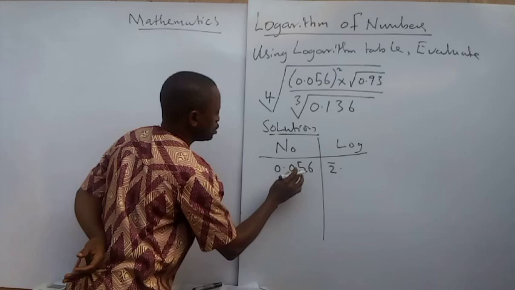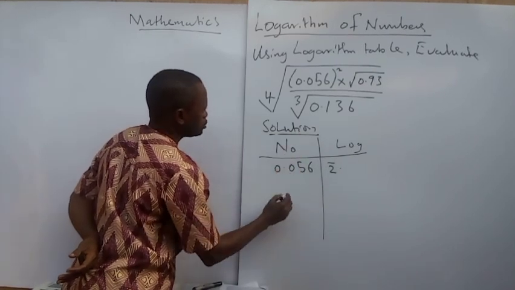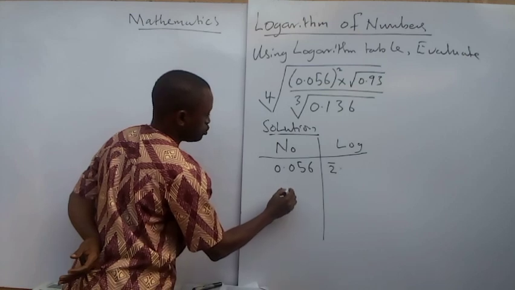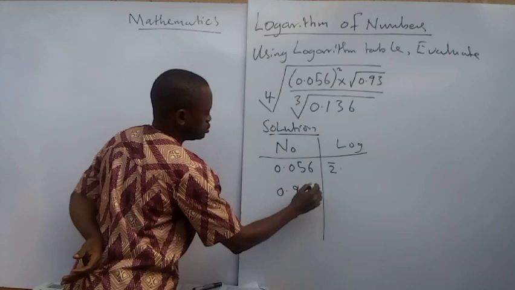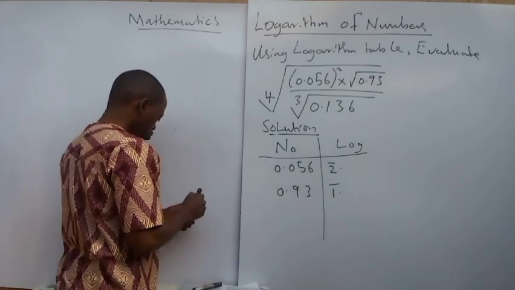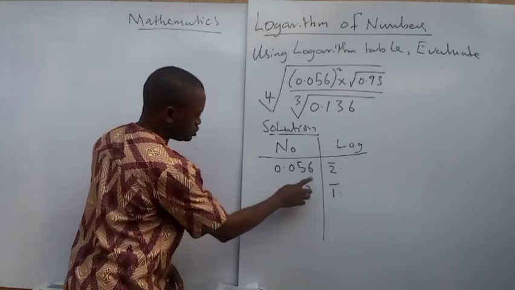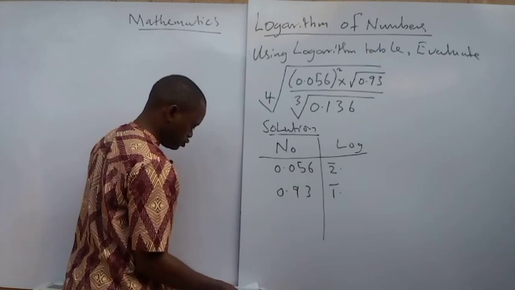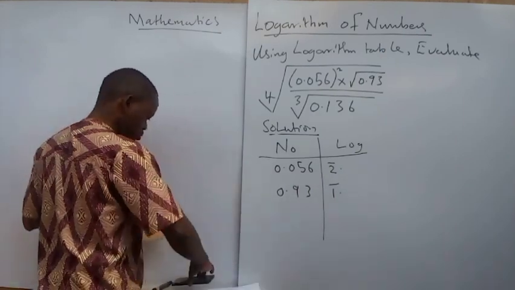Then let me also bring down the other one, which is 0.93. The characteristic part will be bar 1. So in my table, quickly, I will look for 56 under 0.